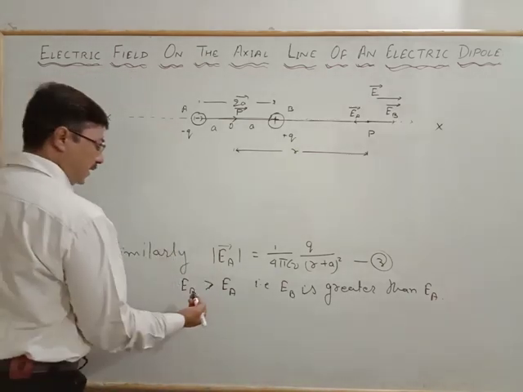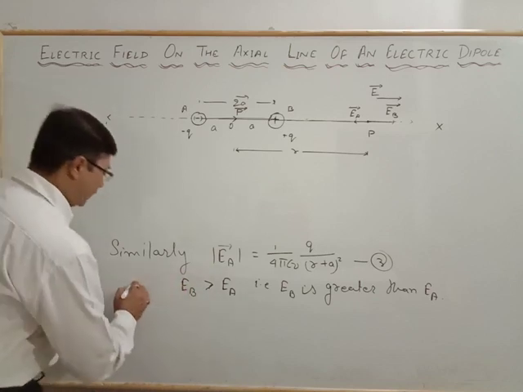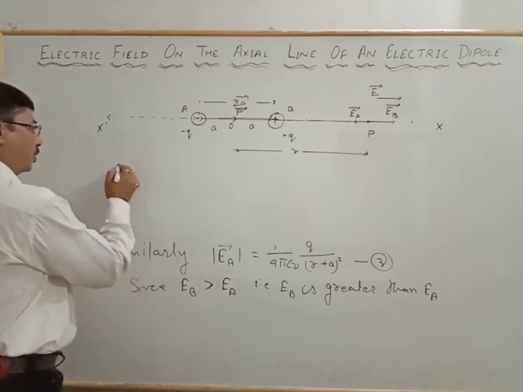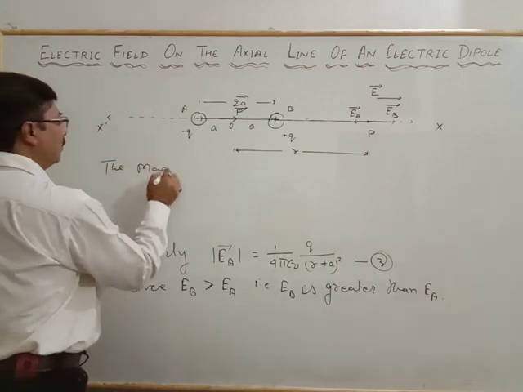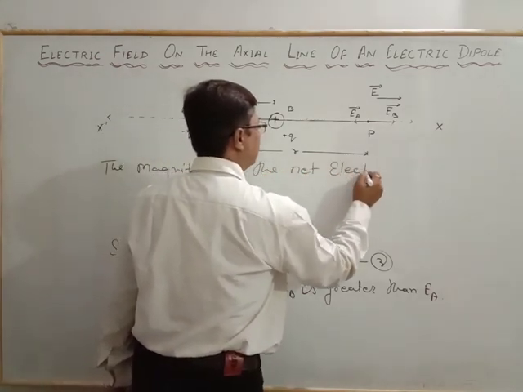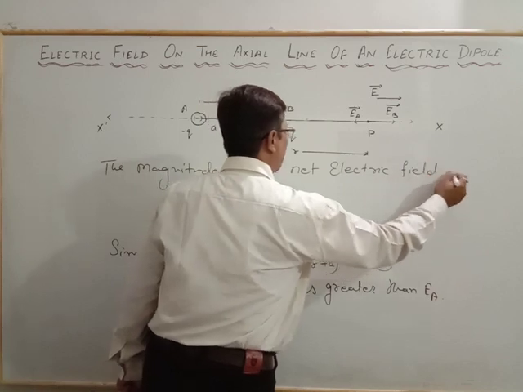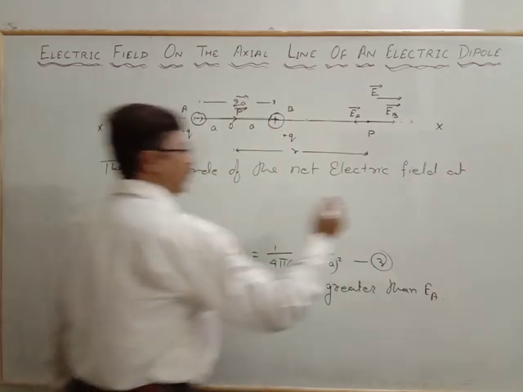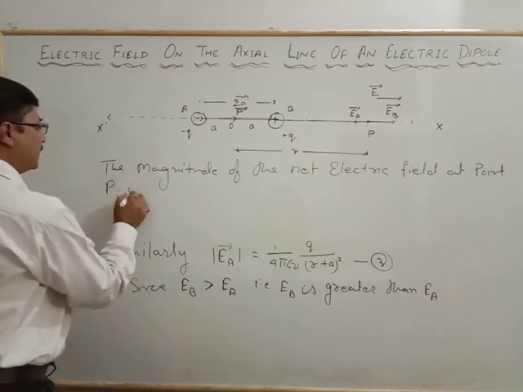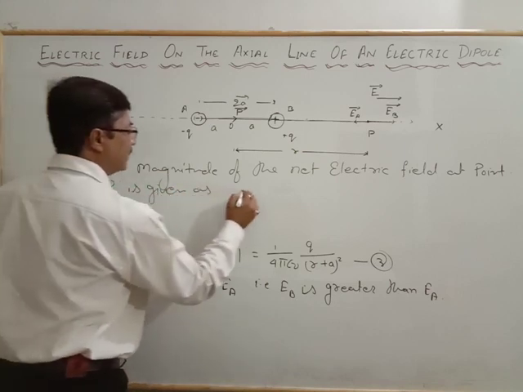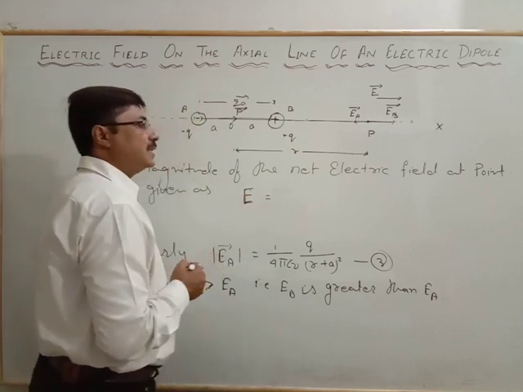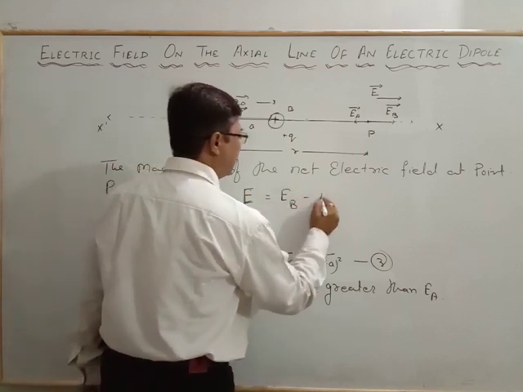Since EB is greater than EA, in that case the magnitude of the net electric field at point P is given as, so E is equal to, we are talking magnitude here, E is equal to how much? That is EB minus EA.